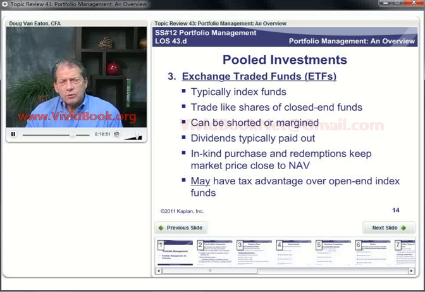The way this works, there are participants who are allowed to give the ETF shares of the underlying stocks held in the index fund in exchange for shares at their net asset value. Or you can redeem your shares of the ETF and get the underlying shares from the ETF.